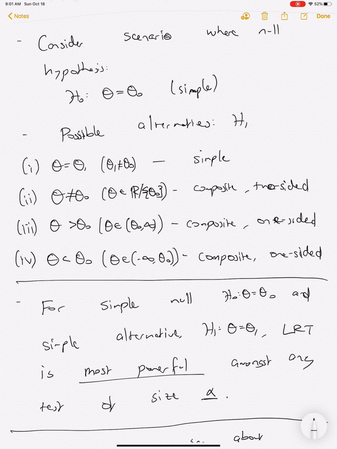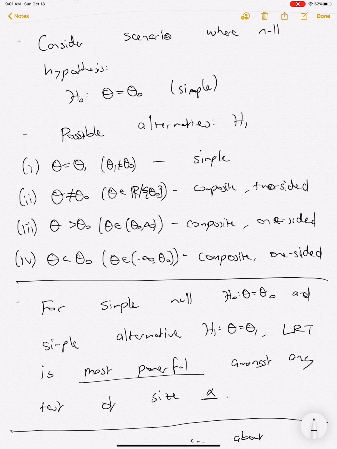One is the simple hypothesis, which we spent quite a bit of time on in the last lecture, where the alternative is just a single point that's not theta 0, so theta equals theta 1. Then there are 3 alternatives that occur more in practice, where the alternative is a composite hypothesis. There are others you might look at too, but these are the 3 that come up most often.